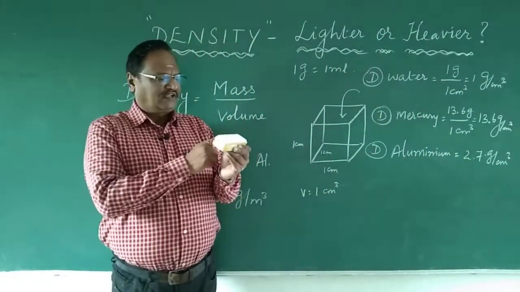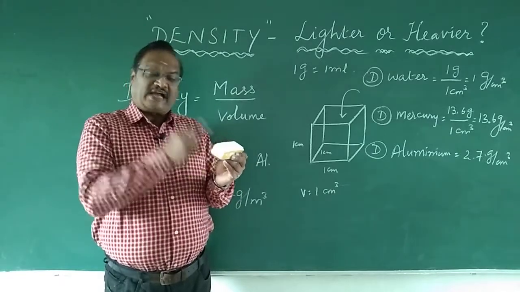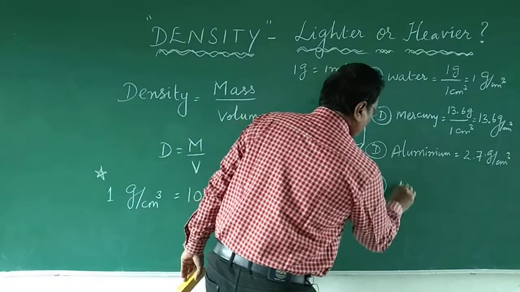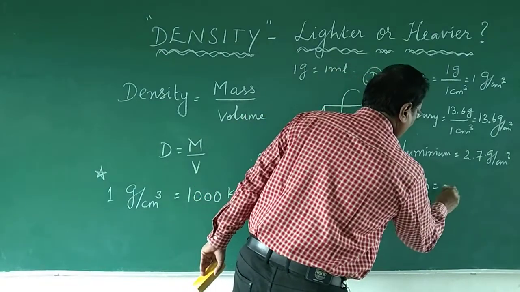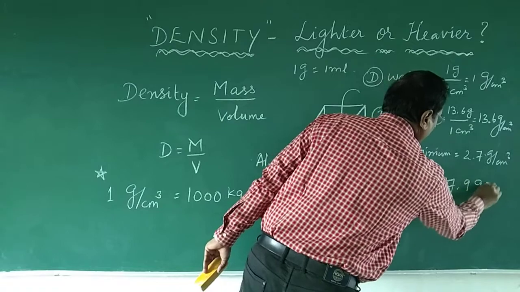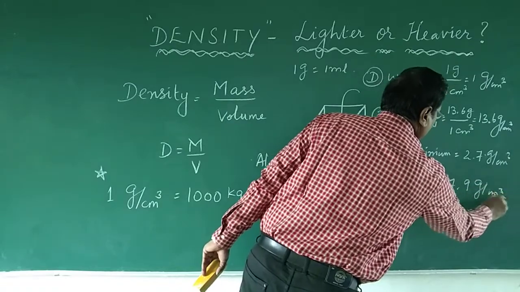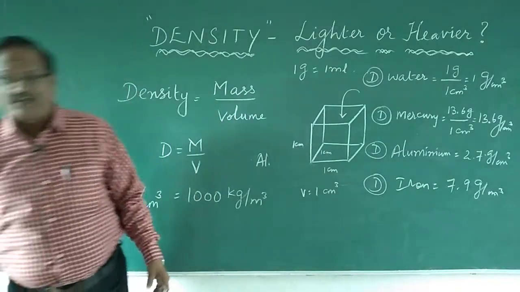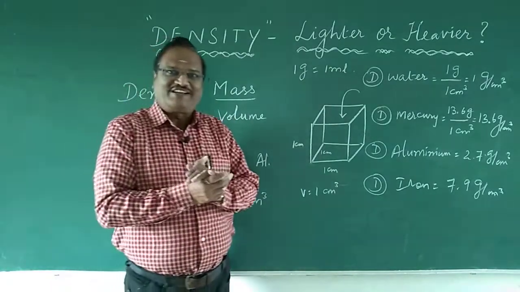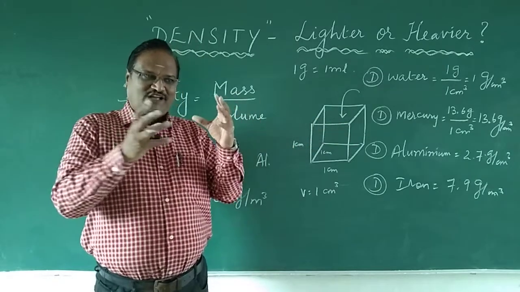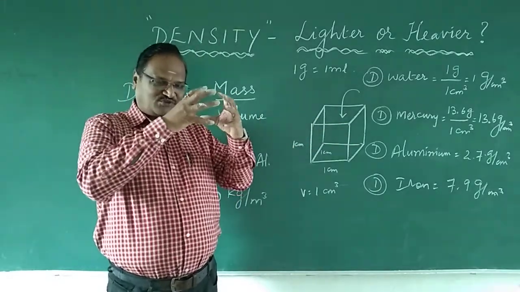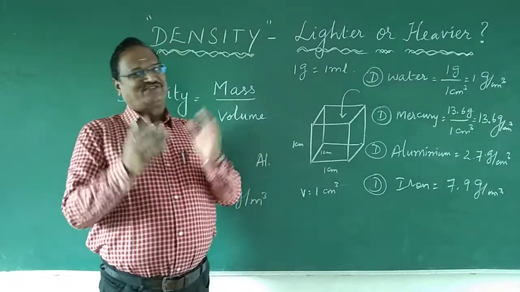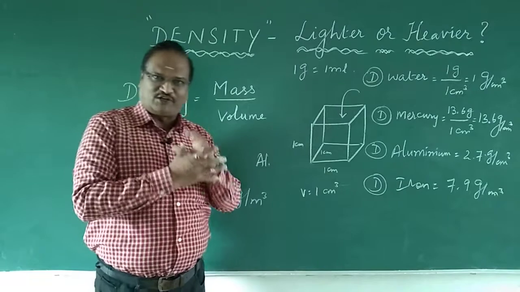Take another cube, for example iron, steel. Density of iron is 7.9 gram per cubic centimeter. So this is how we calculate. Each substance has a different density, and it depends on how many molecules or atoms are occupying the given space, and that is what you call density, mass upon volume.